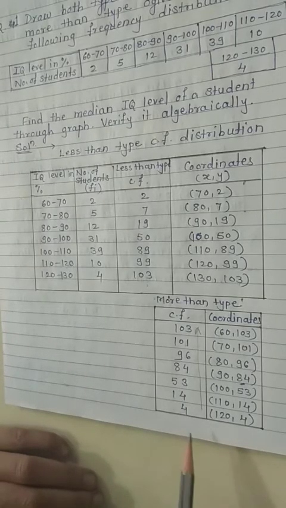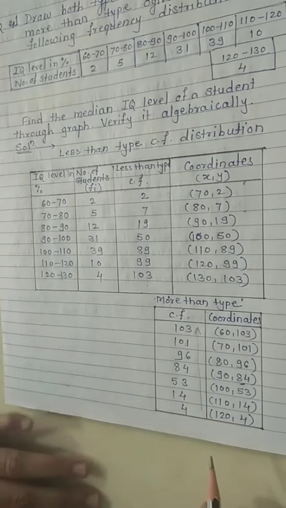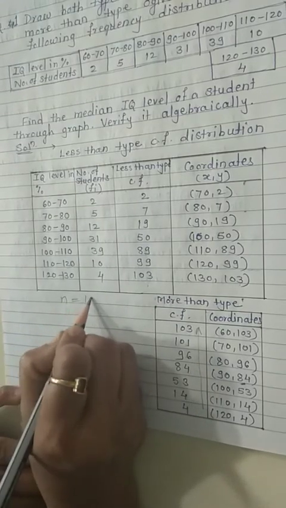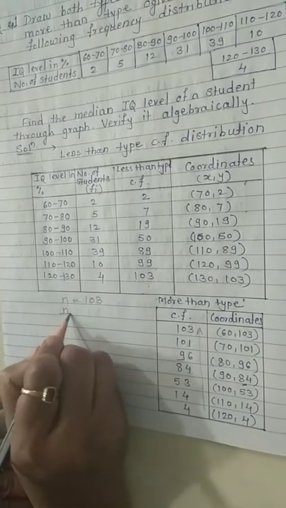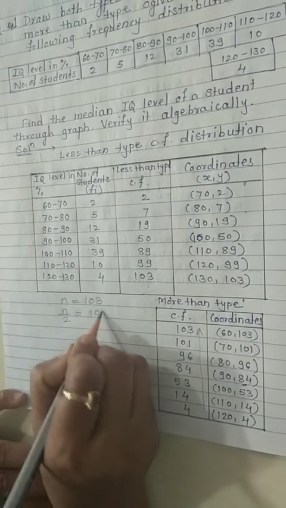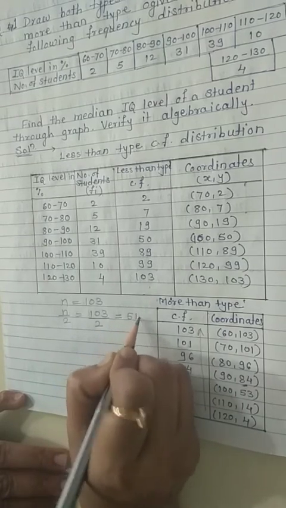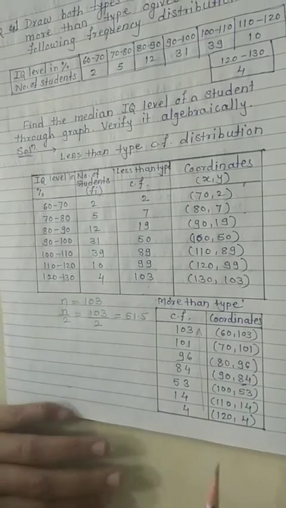Now for finding the median using the formula, we need to find the median class. For that, n is equal to 103, which is the last cumulative frequency here. So n by 2 is equal to 103 divided by 2, which is equal to 51.5. Now check from the cumulative frequency column.